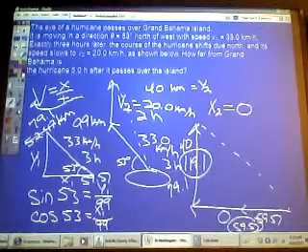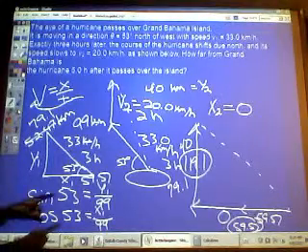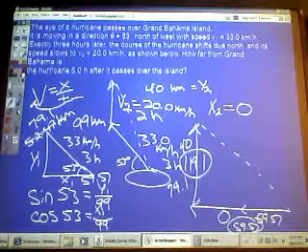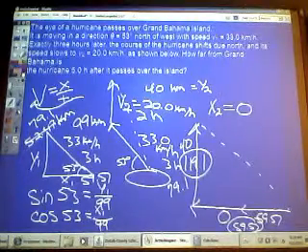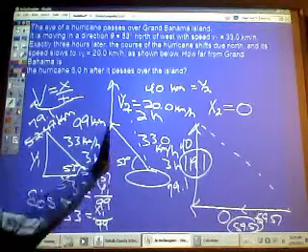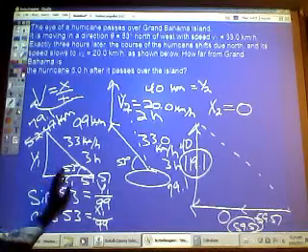Do the Pythagorean theorem like you would always do it. How do you get 119.1? My y1 plus my y2, the y movement of this vector and the y movement of this vector all together.